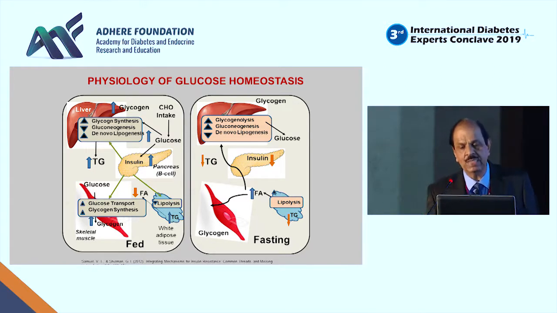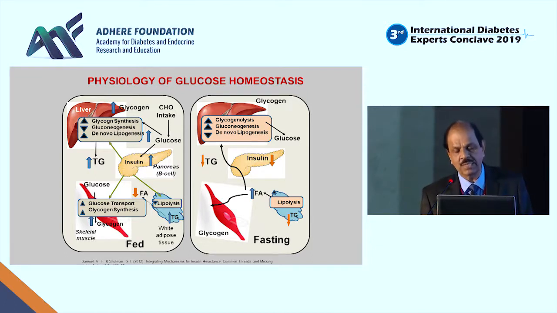In a fasting state, what happens is there's no insulin. So the glucagon kicks in, and glucagon produces glucose from the liver, and that glucose is utilized by all the tissues, especially the fat and the muscles. And therefore, in the fed state, there's an increased glycogen production, there's a decreased gluconeogenesis, and de novo lipogenesis occurs. And there's also glucose which goes into the muscles and is stored as glycogen, and also glucose is used for the metabolic process in the liver.